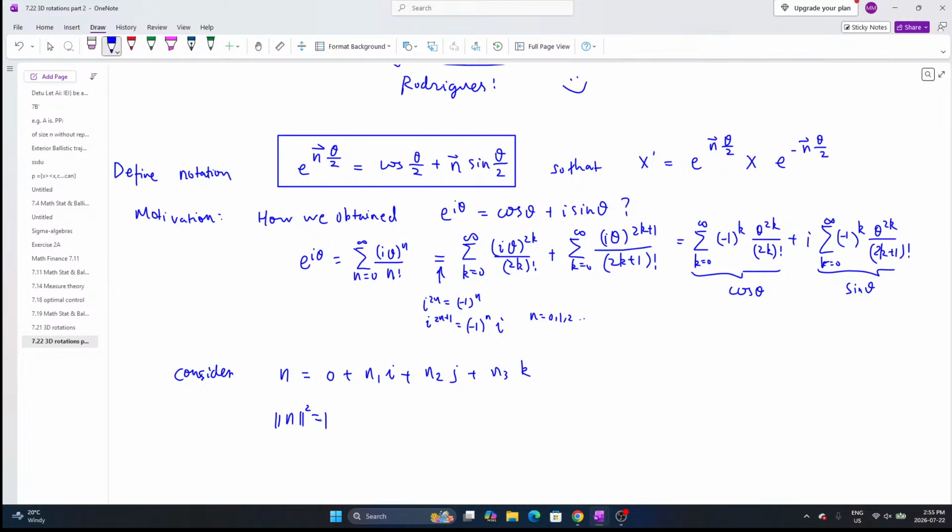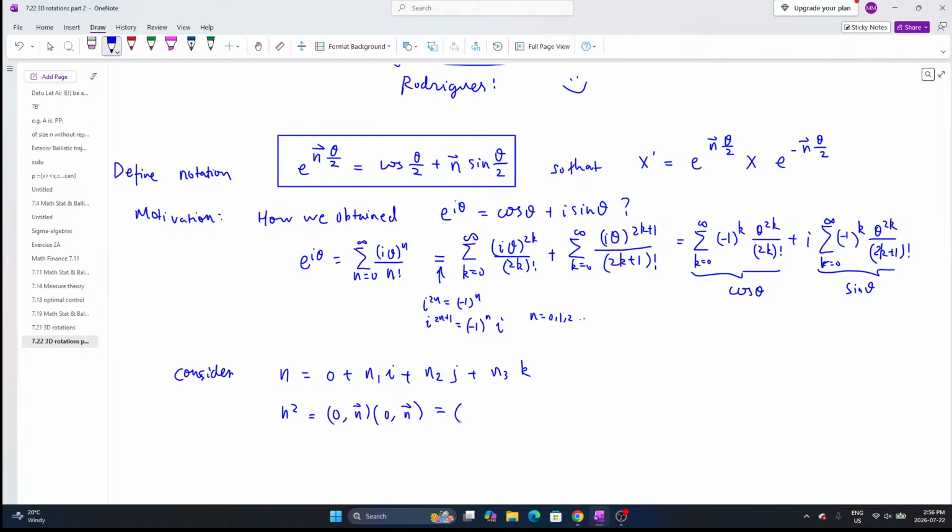But remember, what is the formula for the norm? Well, hold on. I'm saying, what is n squared? Sorry, not the norm. Let's try to calculate n squared. n squared, by definition, is (0, n vector) times (0, n vector).